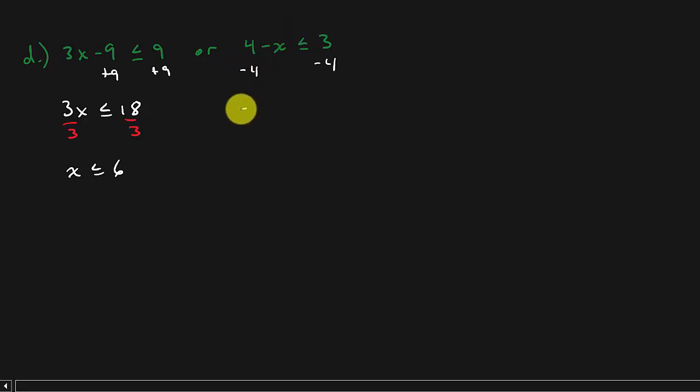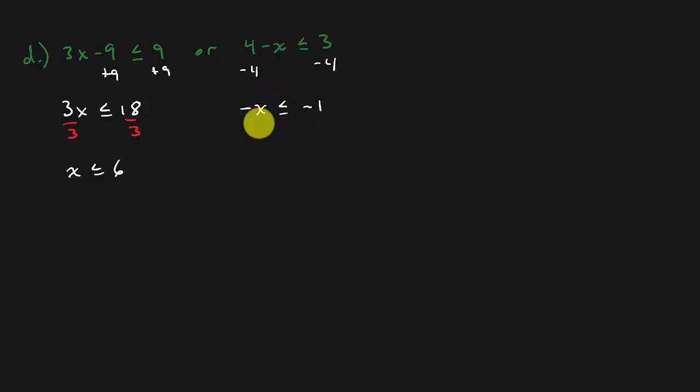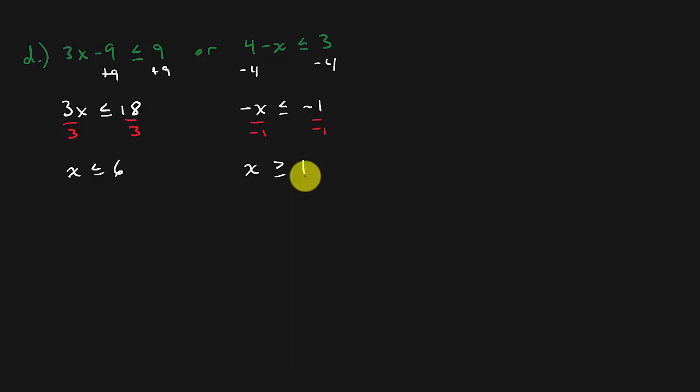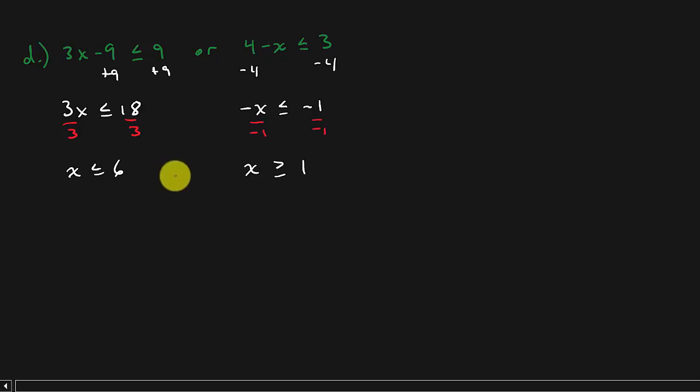And so I get -x is less than or equal to -1. Divide both sides by -1. X is greater than or equal to 1. Okay, don't forget, multiply or divide both sides by a negative number, you've got to reverse the inequality symbol, and this is separated with or.